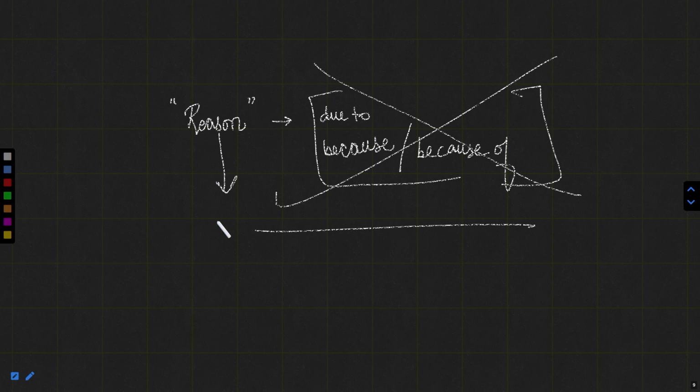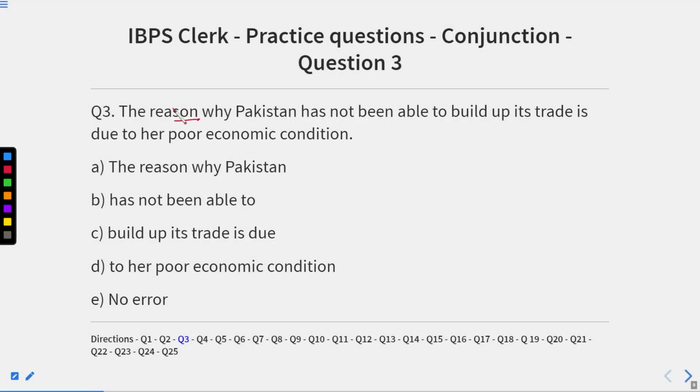In that case, we can write the word "that", just to show that yes, this is the reason. So in this sentence, as you can see over here, the reason for why Pakistan has not been able to build up its trade is, so it is given "due to". So "due to" is incorrect over here.